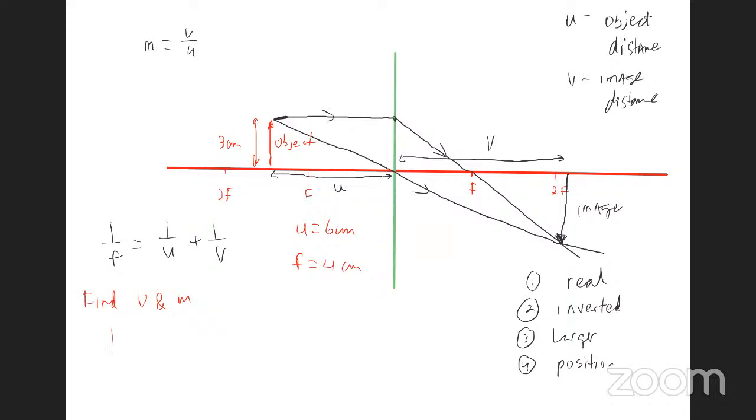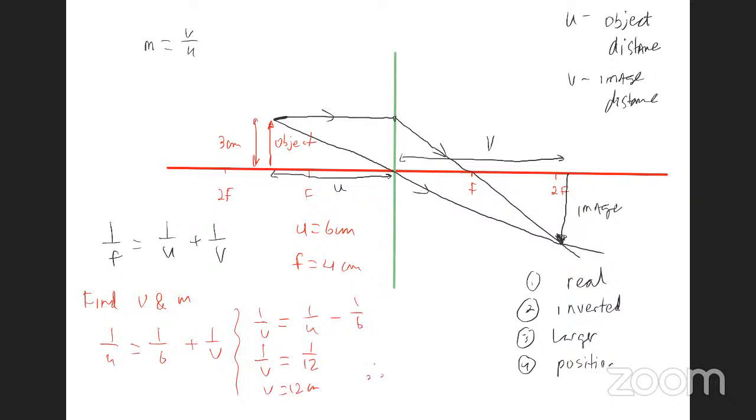Right, so 1 over 4 is equal to 1 over 6 plus 1 over v. You get 1 over v is 1 over 4 minus 1 over 6. That's 1 over 12, so v is 12 centimeters.